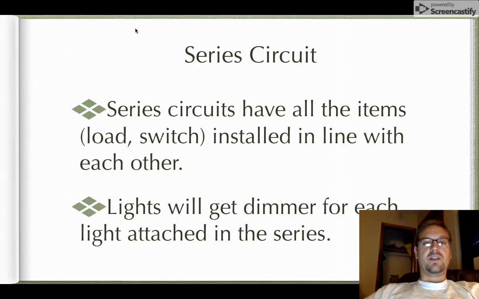A series circuit has everything connected in one continuous line. They're all in line with each other, one after another. The downfall to this is that all of the components will each take a small amount of the voltage, and the more that you add to the circuit, the dimmer or slower, if it's a motor, the slower it'll run.